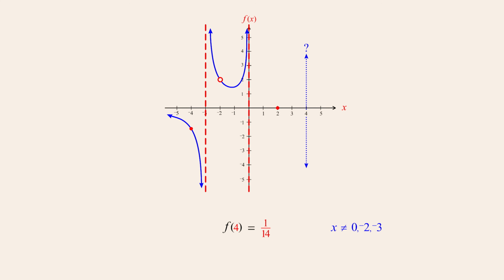The coordinates of the graph at that point are therefore 4, 1/14. So we have determined that the graph passes through this point and intersects the x-axis at an x value of 2.